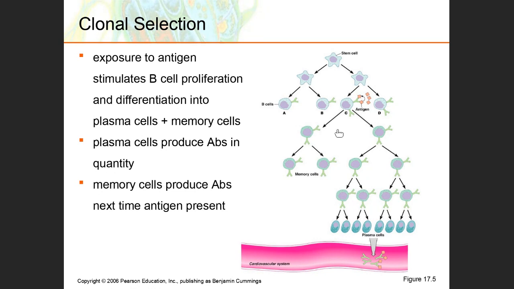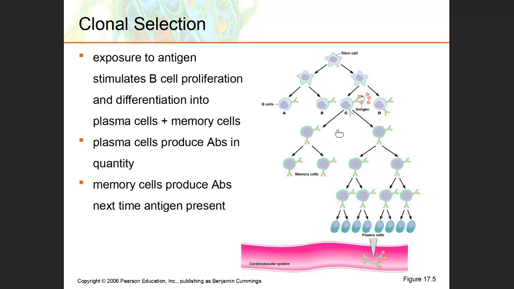So when the B cell encounters that specific antigen, the B cell gets excited, it gets stimulated. It will proliferate and differentiate into two cell types. So it multiplies and creates two different cell types. One cell type is the plasma cell. And the plasma cell is a B cell whose metabolism has shifted to the production of that antibody and almost nothing else.